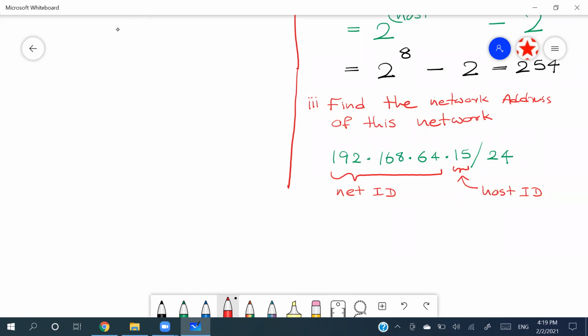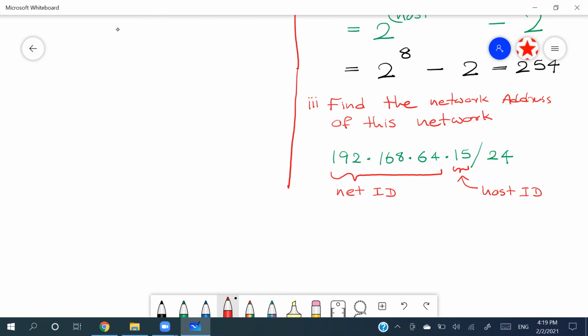So inside this, 192 will be representing some binary pattern, and we are asked to keep it as it is. That means the number 192 does not change. And 168 represents some binary pattern and we keep it as it is because it is inside the net ID.